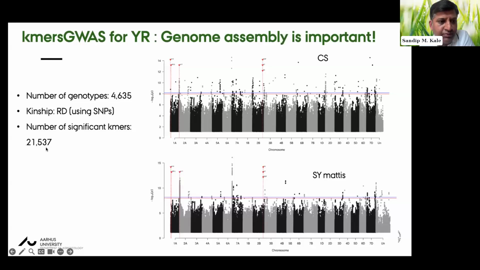But when the same 21,000 k-mers were mapped against the reference assembly of SY Mattis, we found the same peak on Yr17, but also a strong peak on 6A. This indicates that this 6A region is missing in Chinese Spring, and that's the advantage of this reference-free approach. I will talk about this 6A when I'm presenting the results from the resistance gene enrichment sequencing.